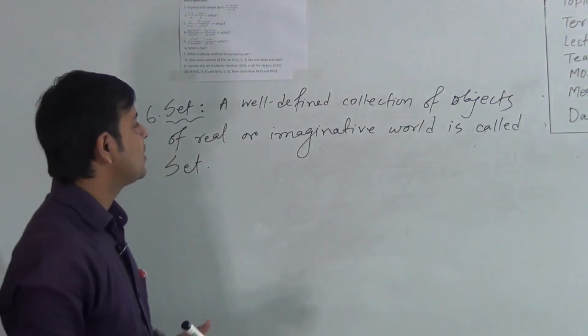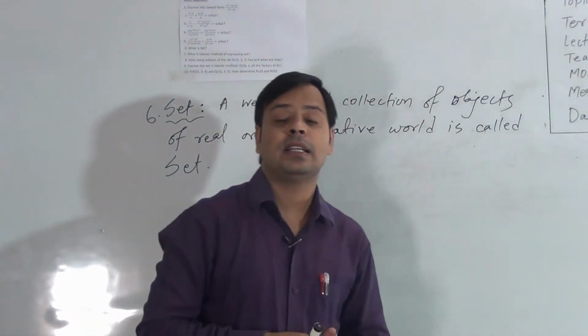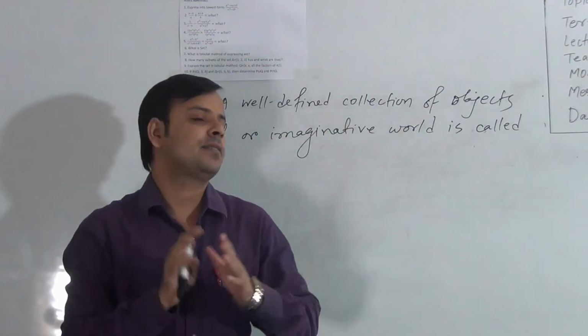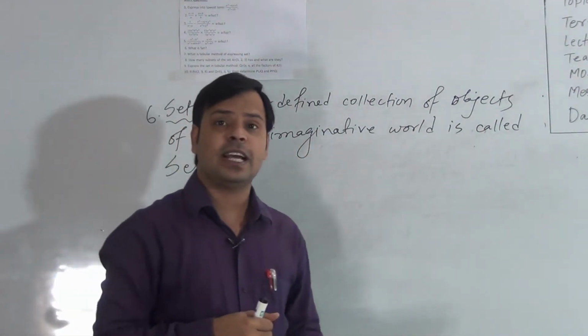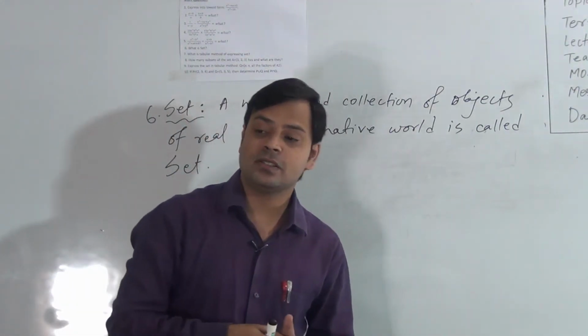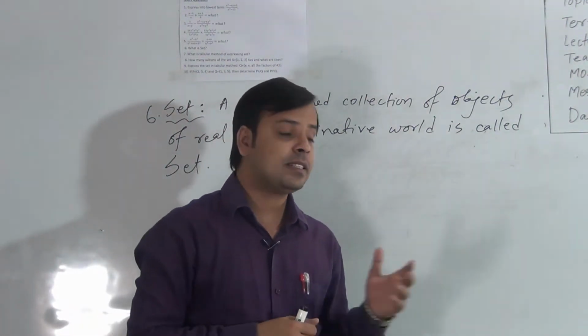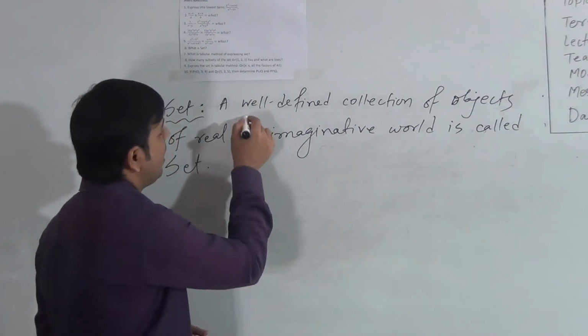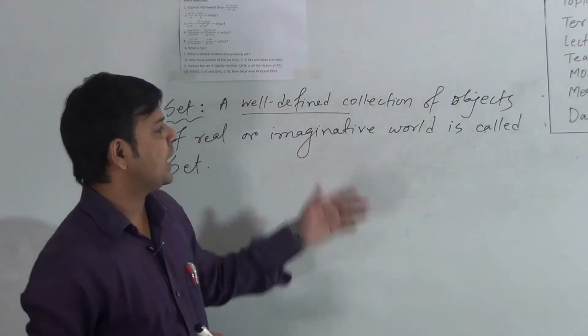What does it mean? It means that if you say a glass set, the number of glasses in the set is fixed. If you say the dinner set, the number of items and how many pieces of each item, that is also fixed in each set. This is known as a well-defined collection of objects.